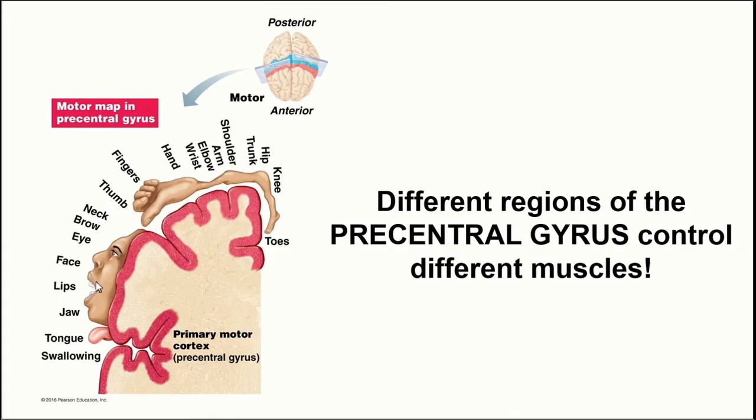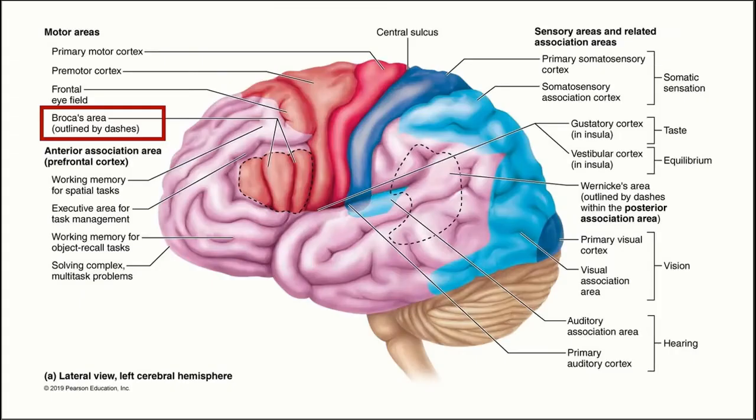The more neurons we have controlling the muscles in these regions, the more precise control we can have. So it makes sense that the movements of the fingers and the lower part of the face can be controlled very carefully and very precisely.